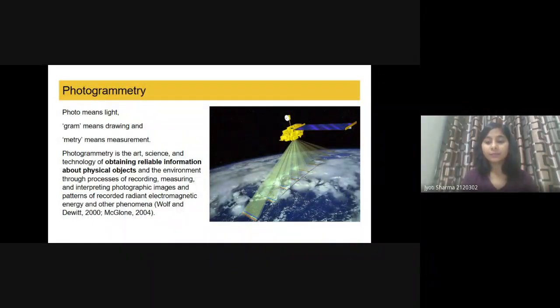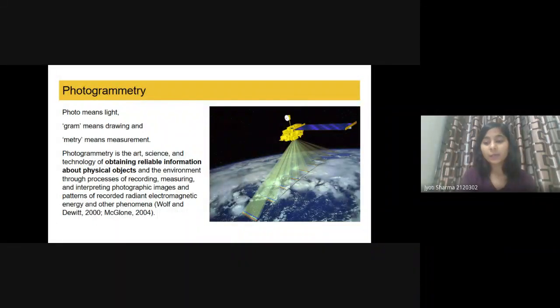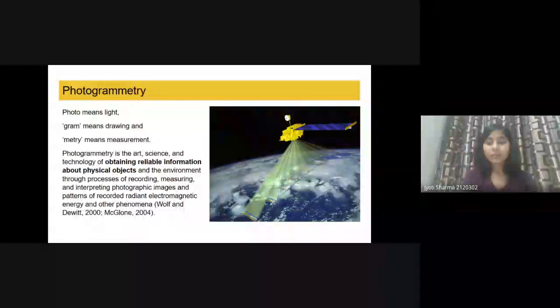You may see brown fumes, so based on that you can say there is a higher concentration of nitrogen oxide, or there is sulfur dioxide. So based on photography, you get the information about the object.